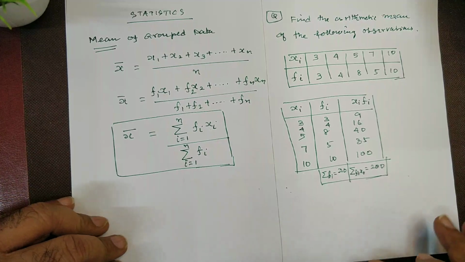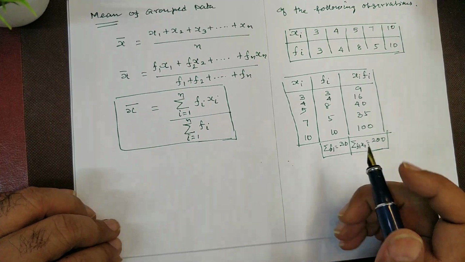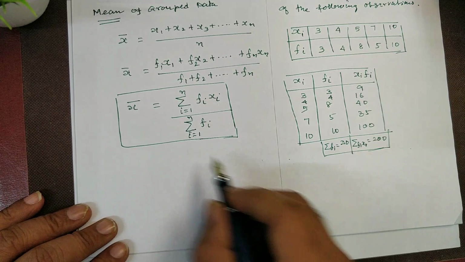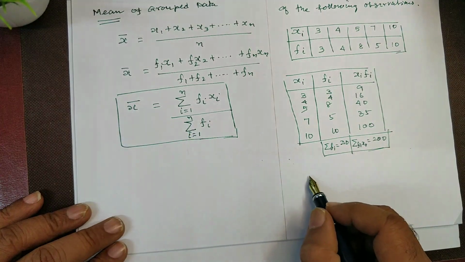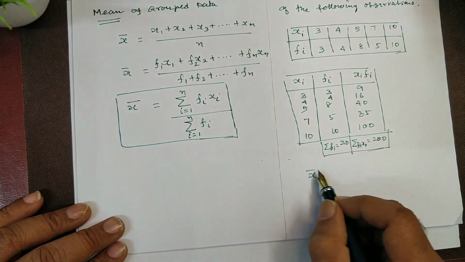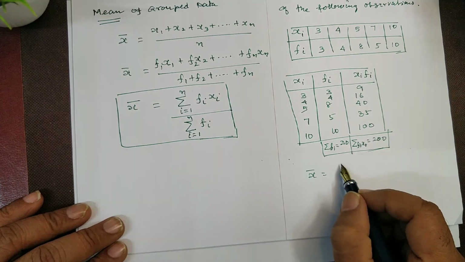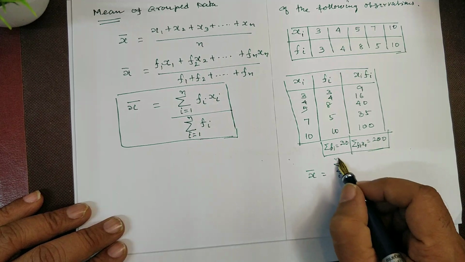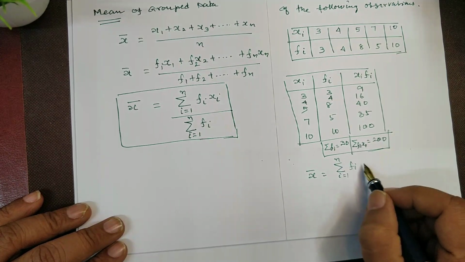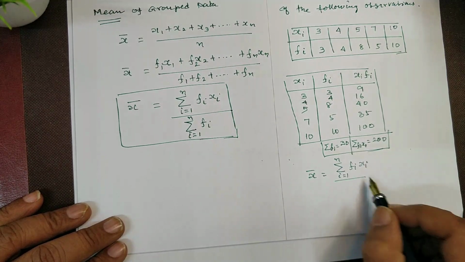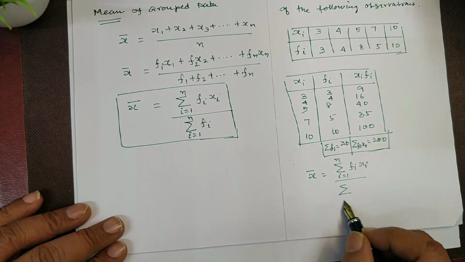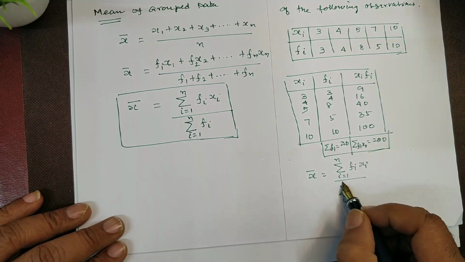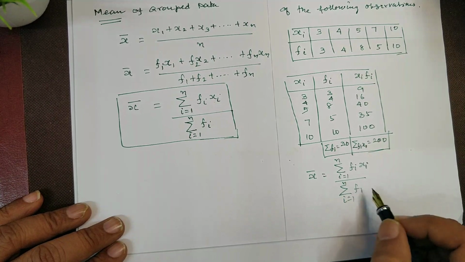Now we have the formula. We can apply this. X bar is equal to the sum from i equal to 1 up to n of fi xi divided by the summation of i starting from 1 to n of fi.